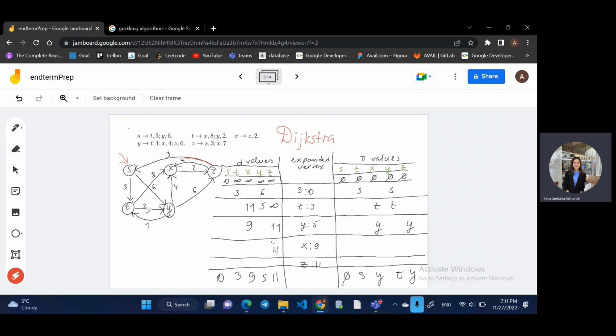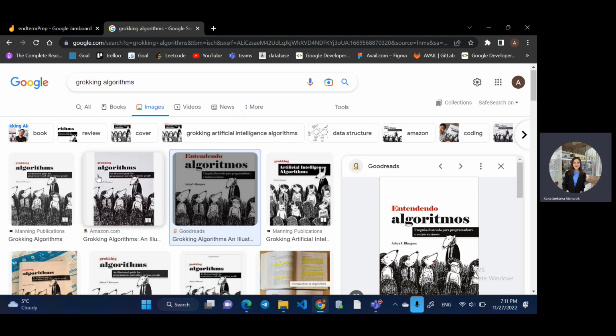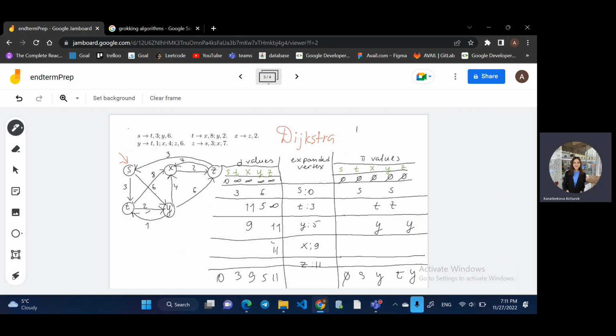For example, this edge going back, and the reason for this was that I have read this book, and this book says that Dijkstra can only work with directed acyclic graphs, and that's why, seeing that cyclic graph in Dijkstra, I was hesitant.